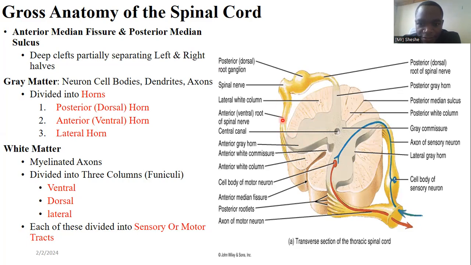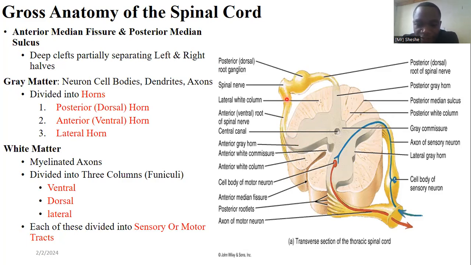These nerves are leaving the spinal cord, whereas those nerves are entering the spinal cord. Nerves enter the spinal cord from the posterior surface, or what we call the dorsal surface. So that is a dorsal horn or posterior horn. This is an anterior or ventral horn.